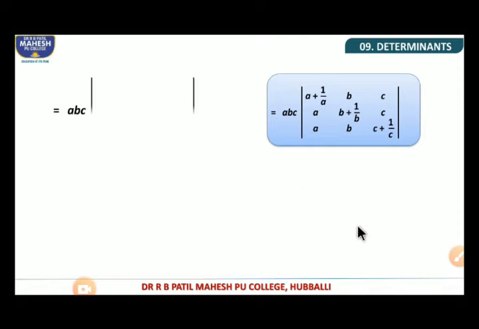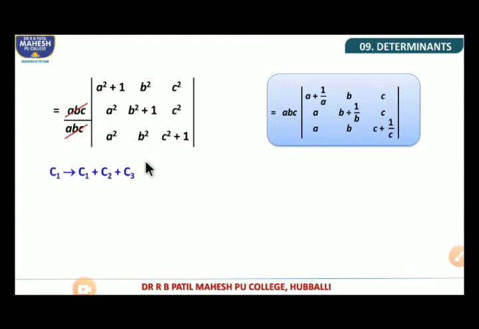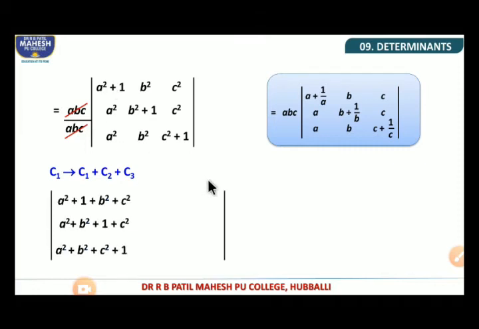Therefore we get a square plus 1, because a is multiplied to C1, so it becomes a square here, and next b is multiplied here, b square plus 1, b square, and similarly we have multiplied c to this third column, we have c square plus 1, and whole divided by abc. And now we can cancel abc and abc. Later add C1 plus C2 plus C3 in the first column. Therefore we write a square plus b square plus c square plus 1 in the first column.